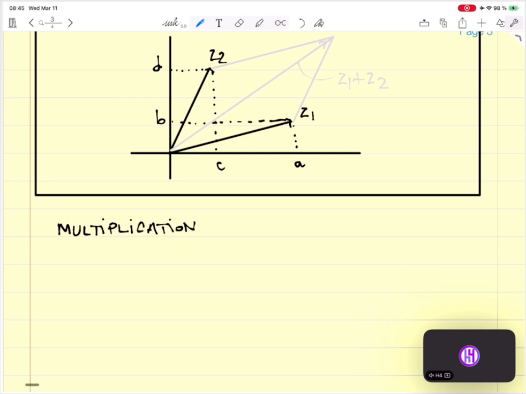So we have Z1 equal A plus J times B, Z2 equals C plus J times D. What does it mean to say we have Z1 times Z2? This means we are multiplying these two things.